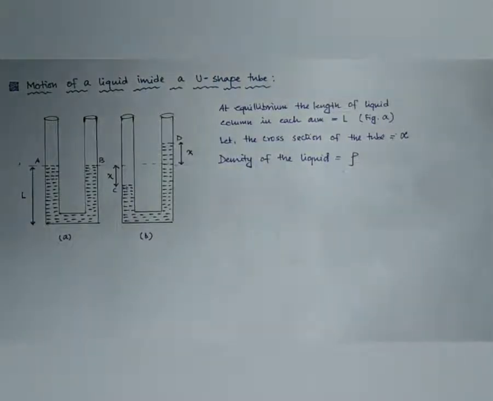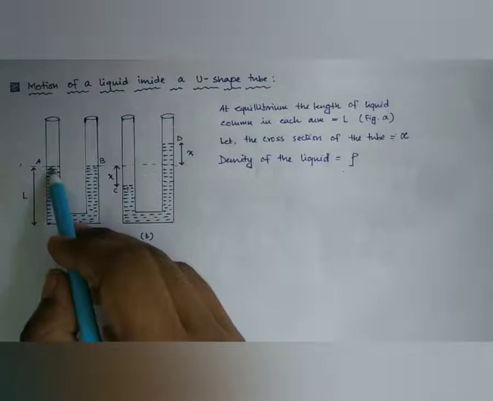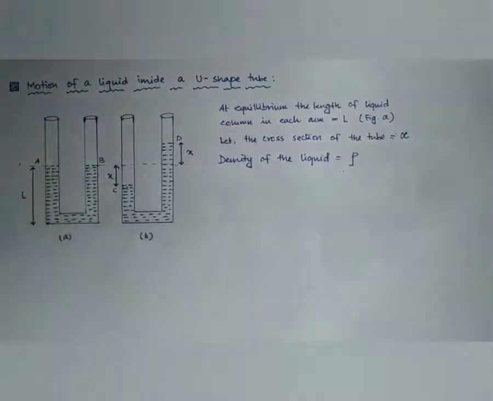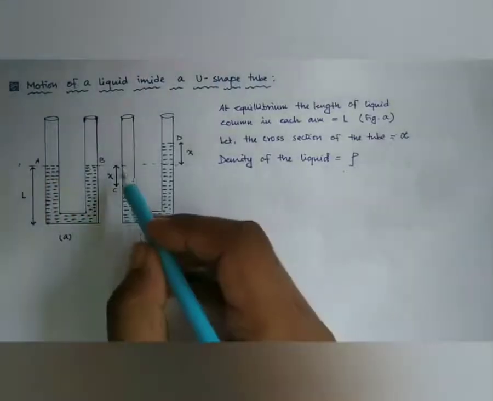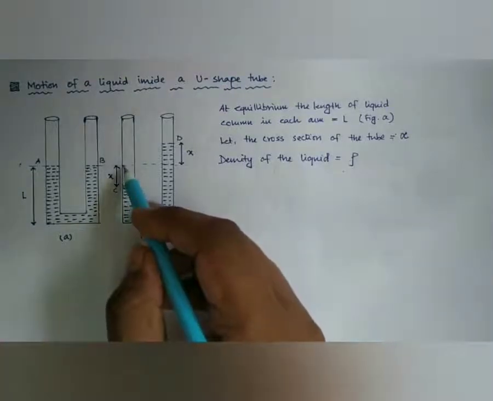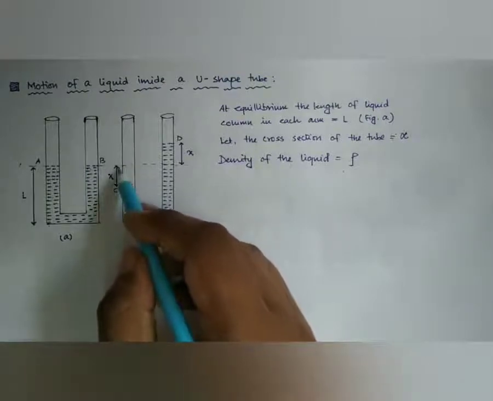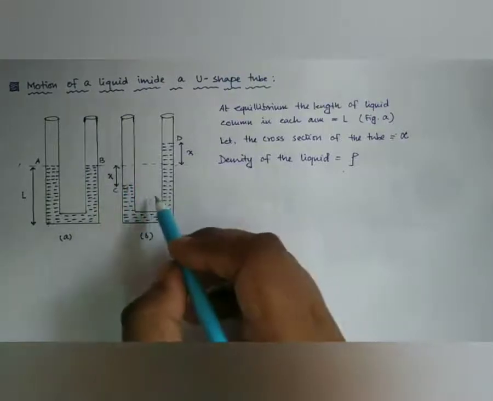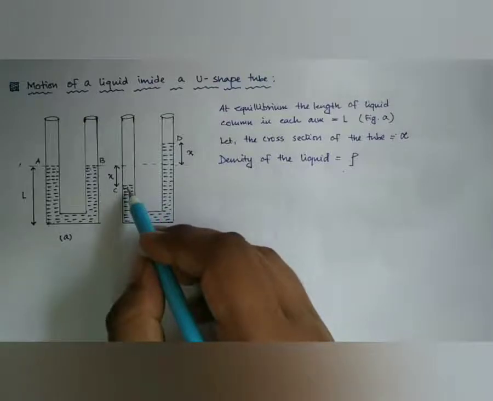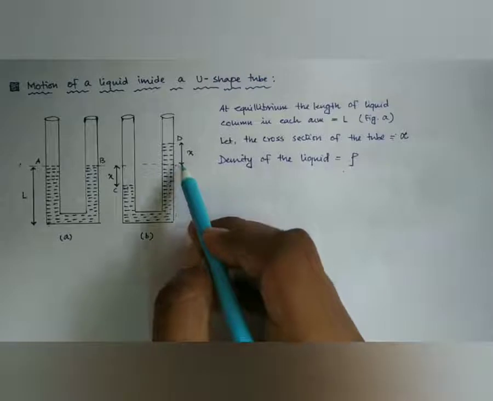Now at equilibrium, the length of the liquid column in each arm is L in both arms of the U-shaped tube. And suppose by applying some pressure, we lower the level in one of the arms of the U-shaped tube by a length x, then due to the uniform cross section, the liquid column will go up in the right arm by the same length x.